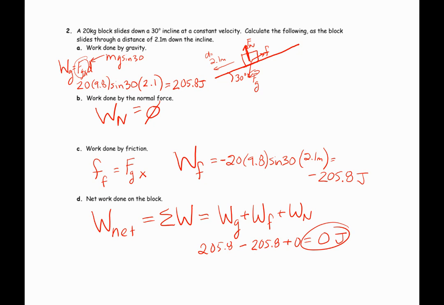And I need you to ask yourself, does that make sense? How do we make that make sense in our brain? Well, if we're looking at the net work, that means we're looking at the net force times the distance. Well, what is the net force in this situation? We know that acceleration equals 0 because it's a constant velocity, and therefore F net equals 0. So your net work equals 0 if you have a constant velocity in this case.